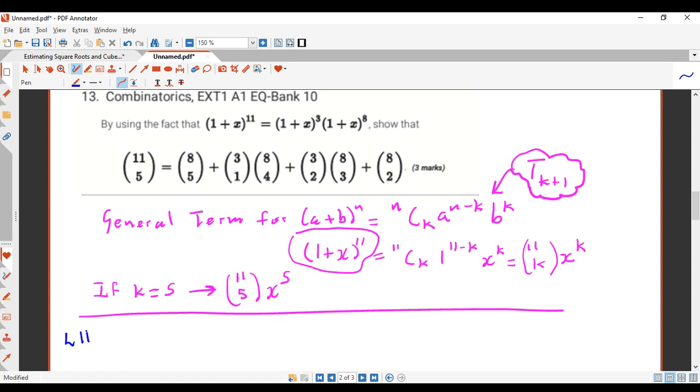So I'm just going to go left-hand side equals (1 plus x) to the 11.